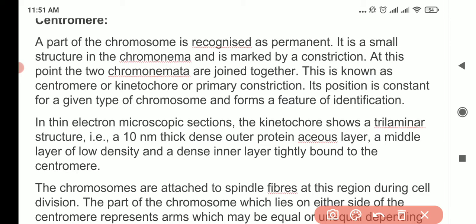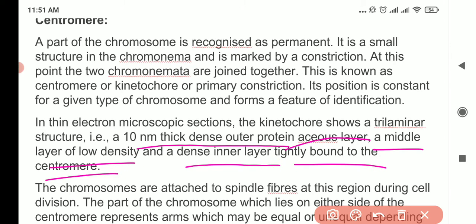In the electron microscope, we see that the centromere is a trilaminar structure. So three layers: a 10 nanometer thick dense outer proteinaceous layer, a middle layer of low density, and a dense inner layer bound to the centromere. So obviously it is made up of protein only.